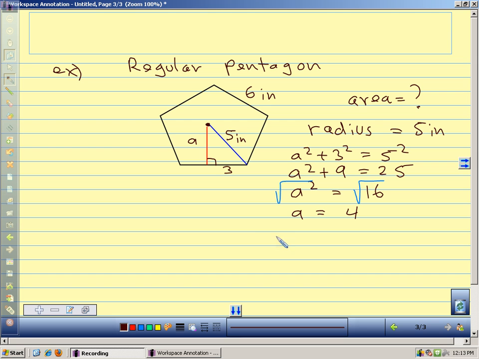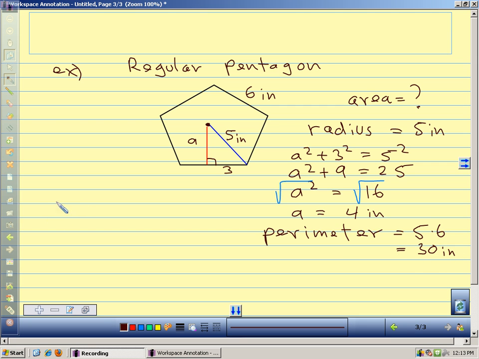Now I need the perimeter. What's the perimeter of this shape? 30 is 5 times 6. So my perimeter is, I'm going to put my units in, 30 inches.